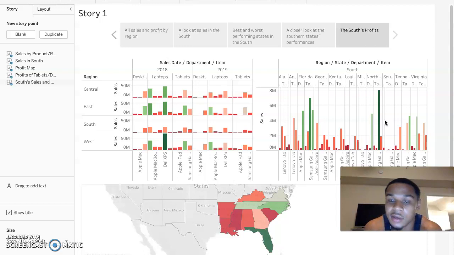So either they can find different desktops and laptops that people would enjoy more and buy more, or they can discontinue selling desktops and tablets in total to try to increase profits and help their states perform better.